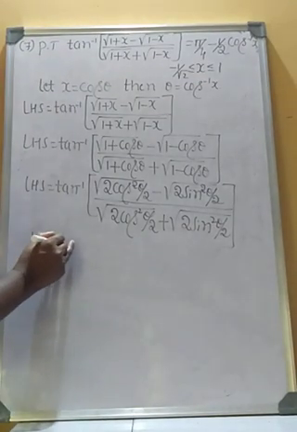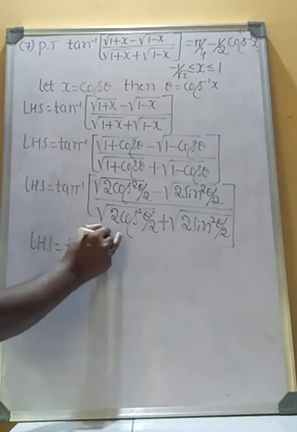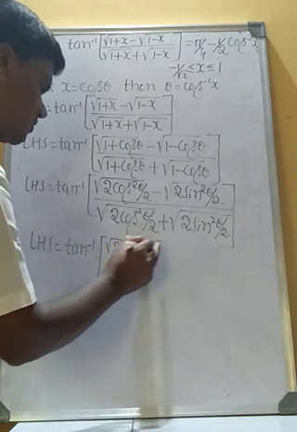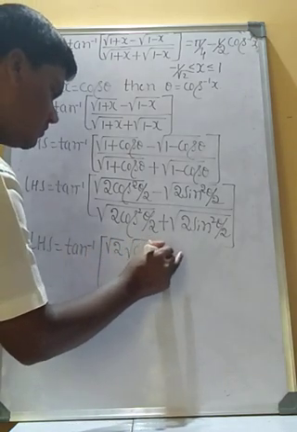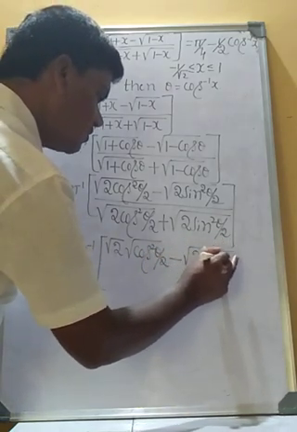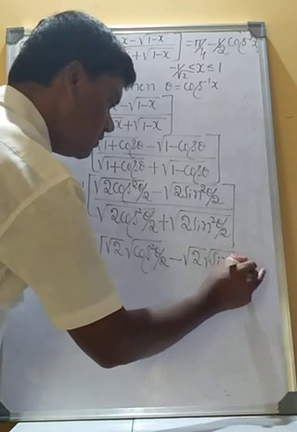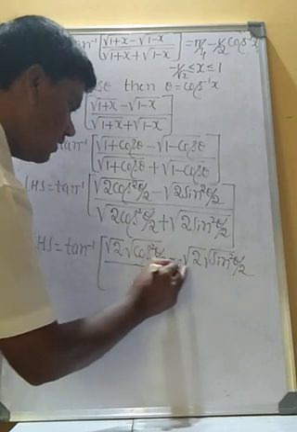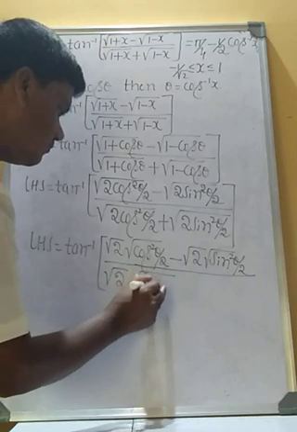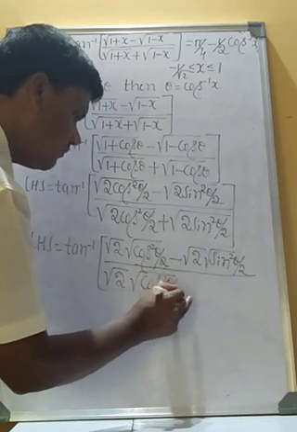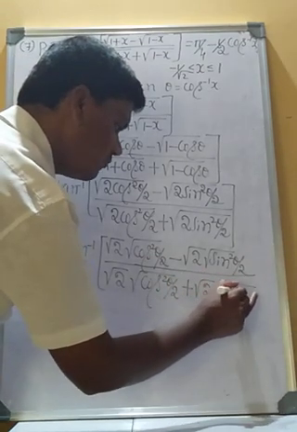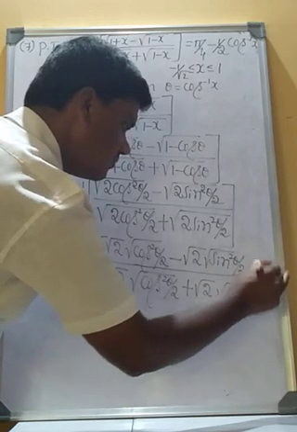Therefore, left hand side is equal to tan inverse of (root 2 into root of cos square theta by 2 minus root 2 into root of sin square theta by 2) dividing by (root 2 into root of cos square theta by 2 plus root 2 into root of sin square theta by 2).